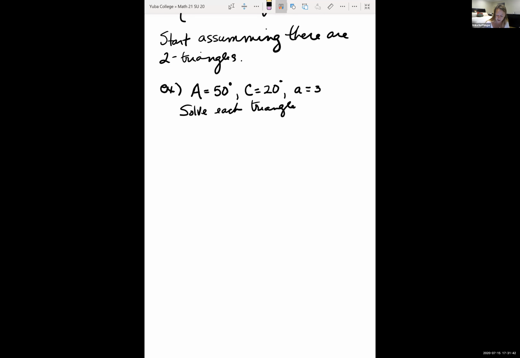They have to sum to 180 degrees. So B is equal to 180 degrees minus 50 degrees minus 20 degrees. So that's 110 degrees.